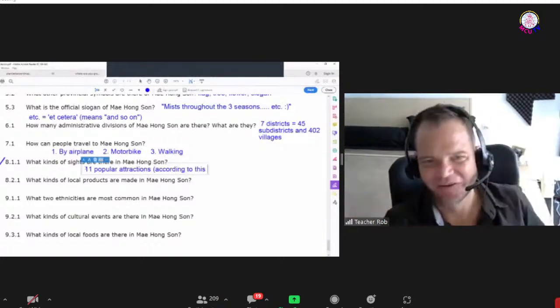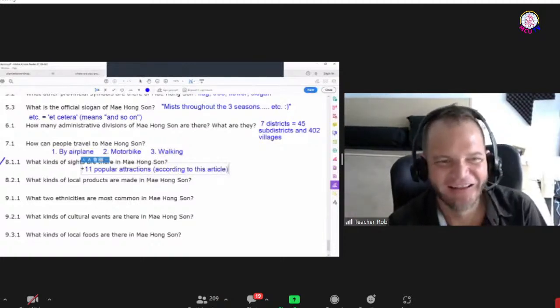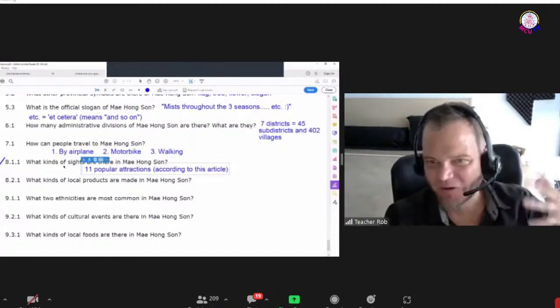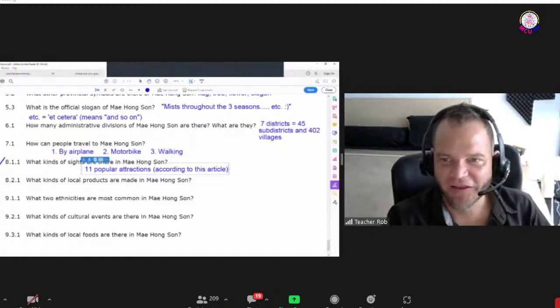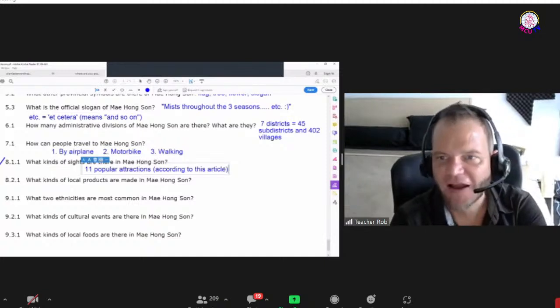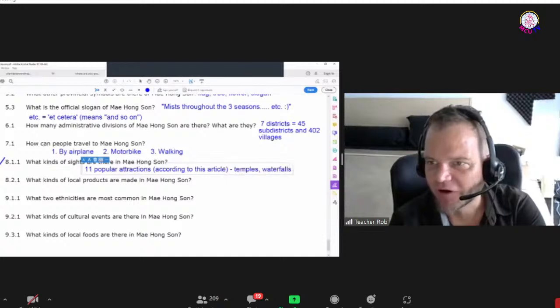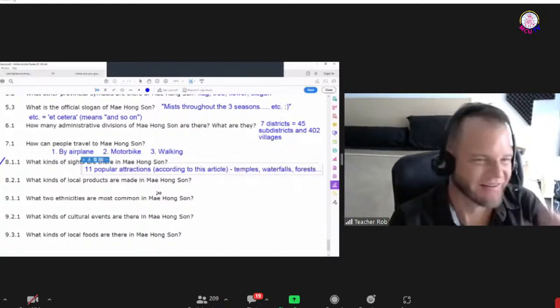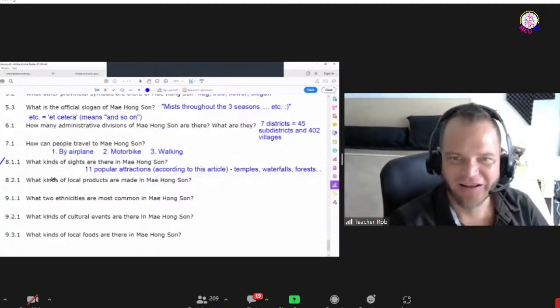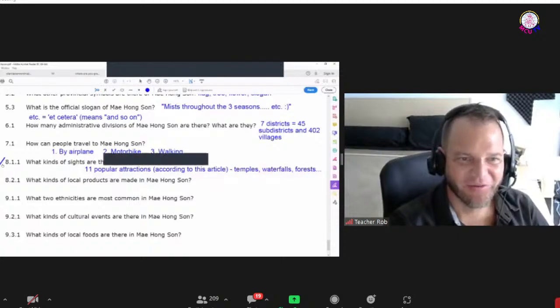I'm not going to list all 11 of them. But we do see, I guess you could say something like this. They're divided into falls, forests, that kind of thing. So that's all about the sites.